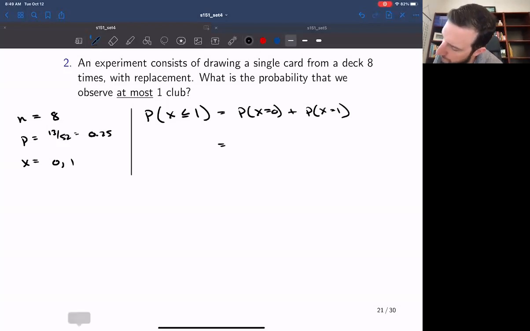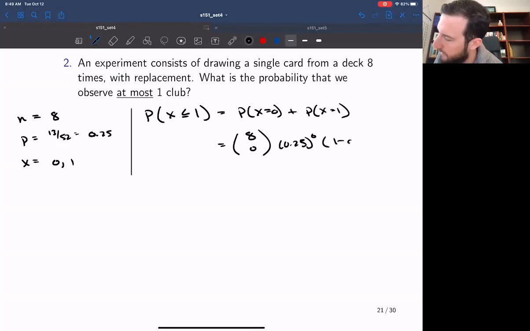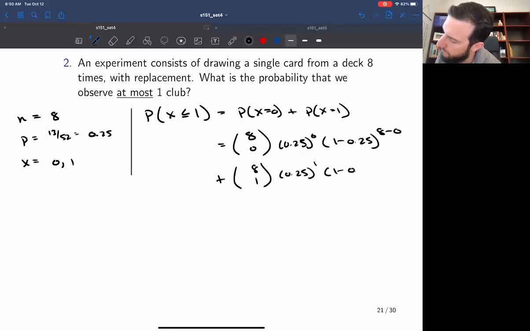So we're going to have 8 choose 0, 0.25 to the 0, 1 minus 0.25 to the 8 minus 0, plus 8 choose 1, 0.25 to the 1, 1 minus 0.25 to the 8 minus 1.